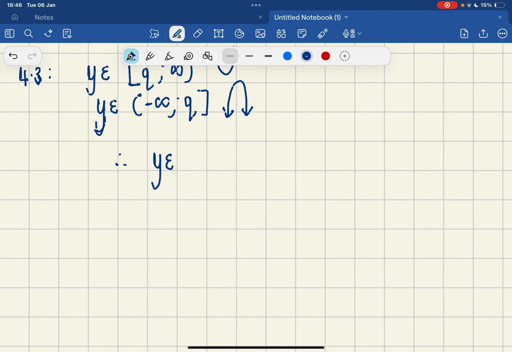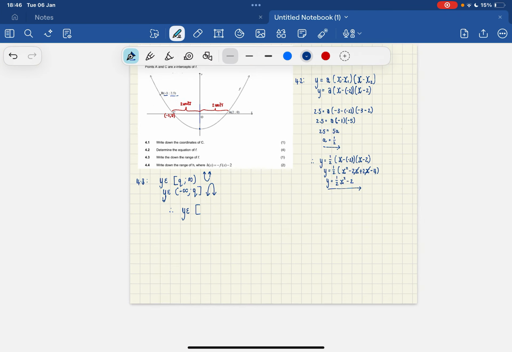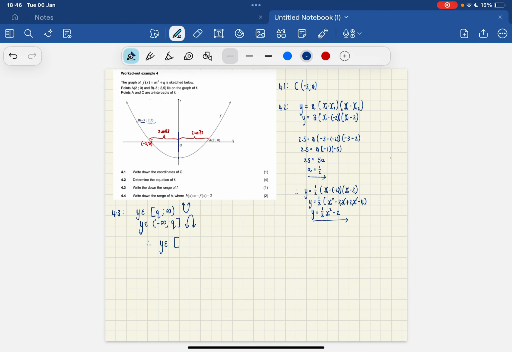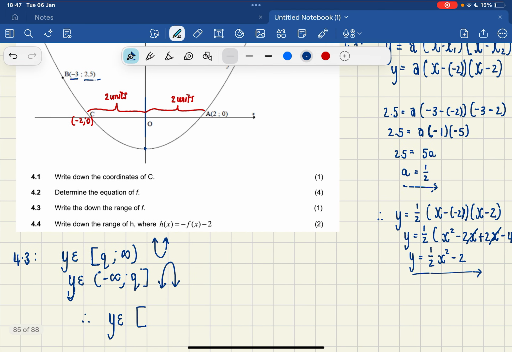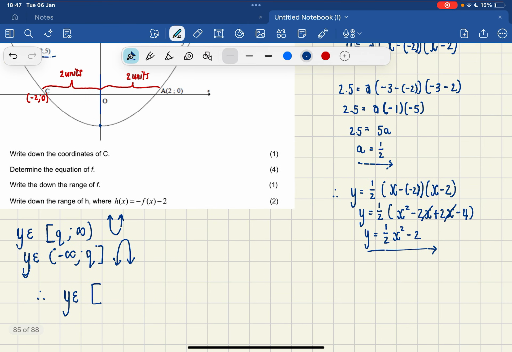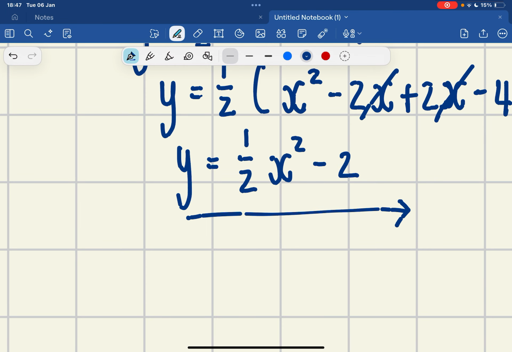Y is an element of, what is our q value? Is anyone able to give us our q value? Our q value in this case would be our y-intercept. And what would our y-intercept be? Make x equal to 0. So when x is equal to 0, y is equal to -2.